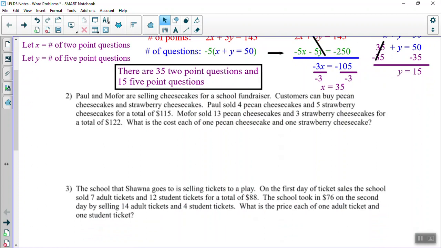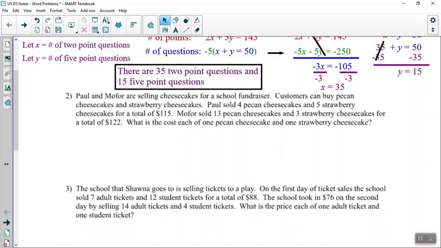Customers can buy pecan cheesecakes and strawberry cheesecakes. Paul sold 4 pecan cheesecakes and 5 strawberry cheesecakes for a total of $115. Mofor sold 13 pecan cheesecakes and 3 strawberry cheesecakes for a total of $122. What is the cost of 1 pecan cheesecake and 1 strawberry cheesecake?